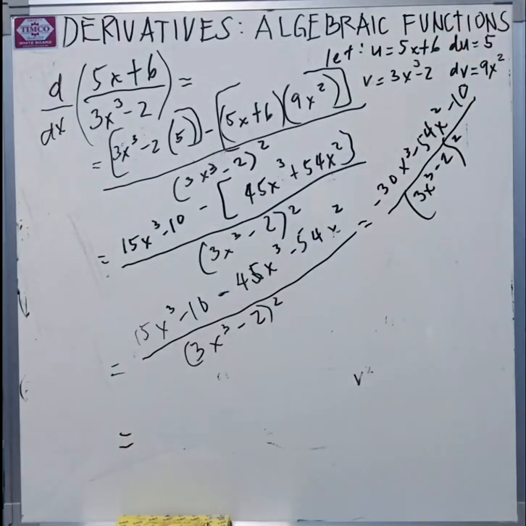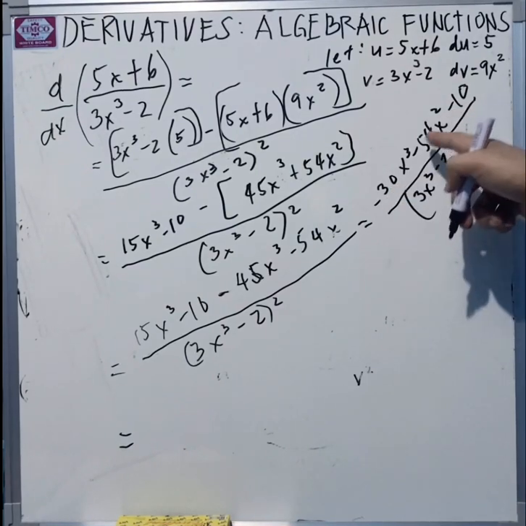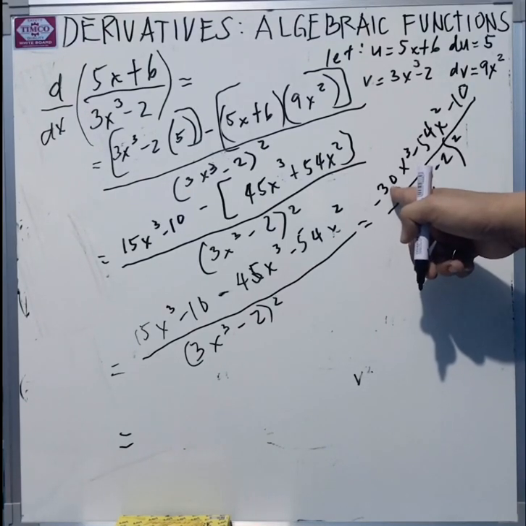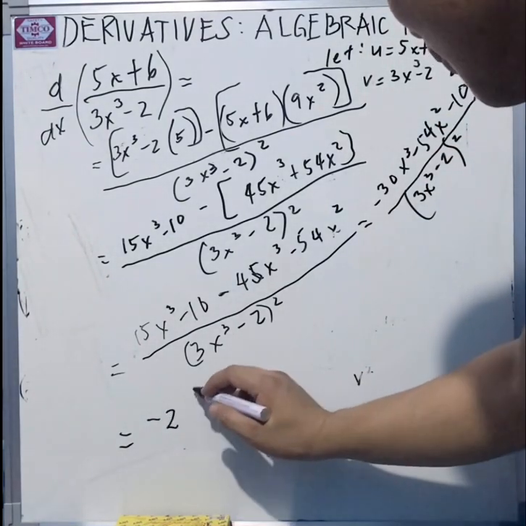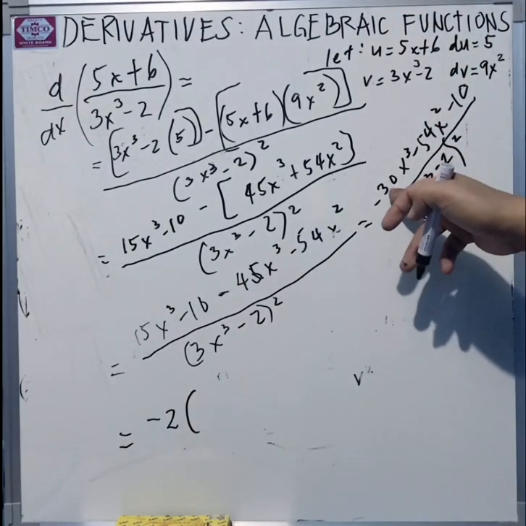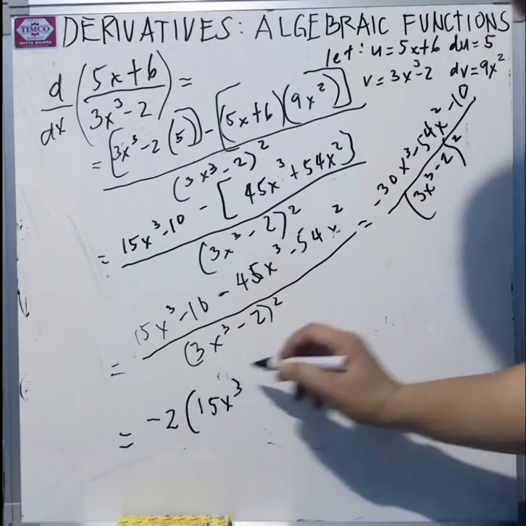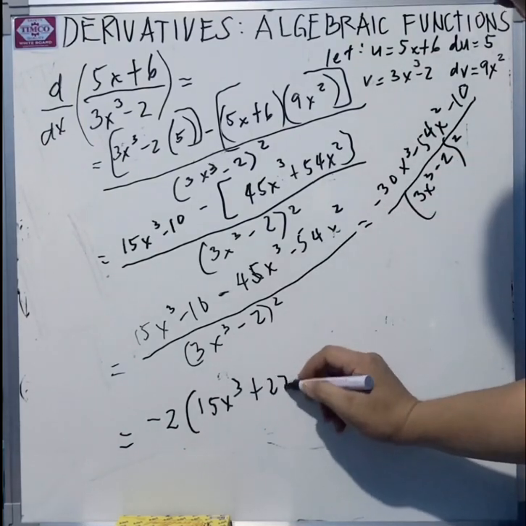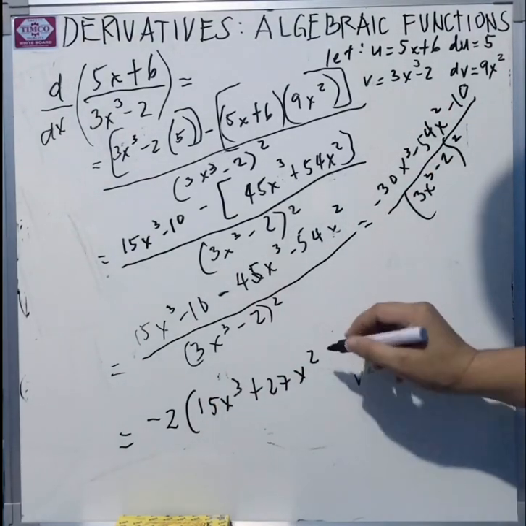Equal siya sa factor out natin. Ano ba yung common factor nila? Divisible sila sa 2. Okay, so yun yung greatest common factor nila. So, negative 2. Diba? Lalabas natin yung negative 2. Times 30 divided by negative 2 is 15. Diba? 54 over negative 2, which is 27. And negative 10 over negative 2 is 5.